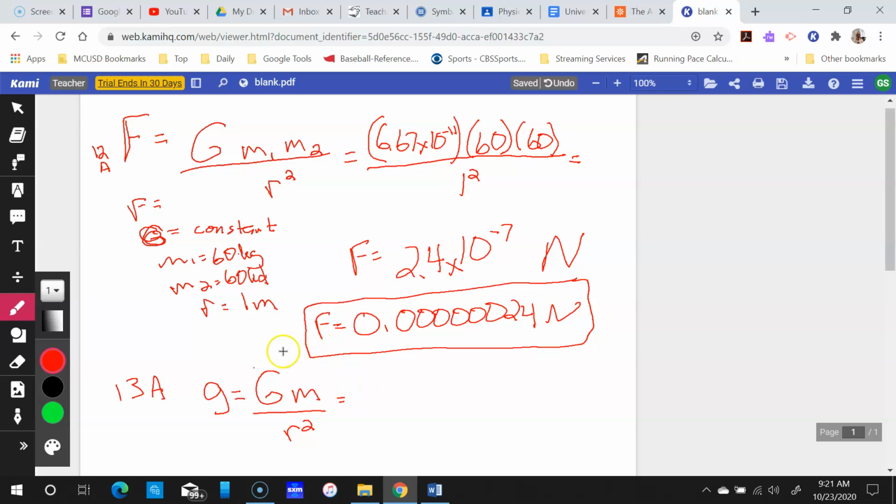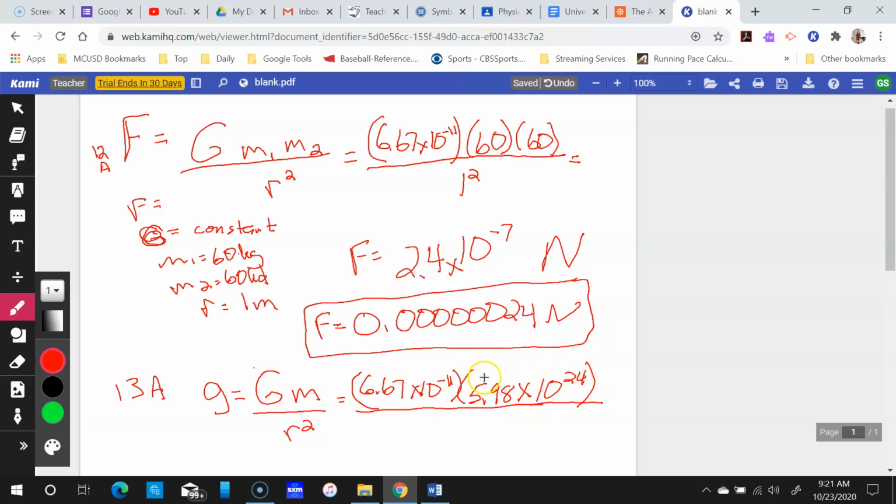Right? So really what we're solving for in 13a is proof that our local gravity on Earth is what we've previously stated it was. So you use your gravitational constant, 6.67 times 10 to the minus 11. Since we're talking about the local gravity here on Earth, we need the mass of Earth, so that's 5.98 times 10 to the 24th.